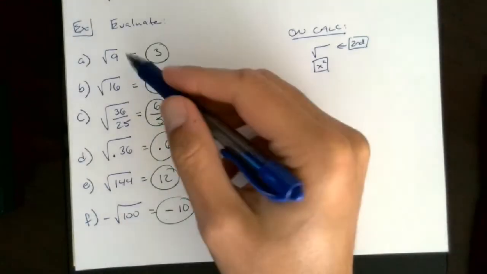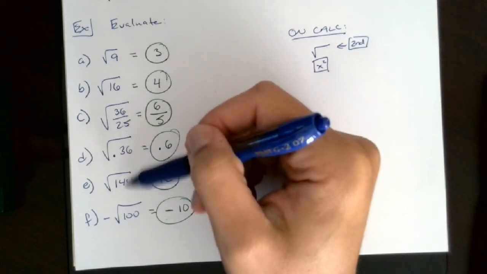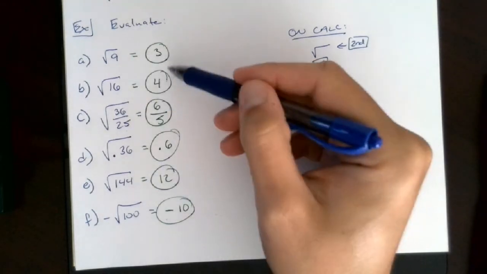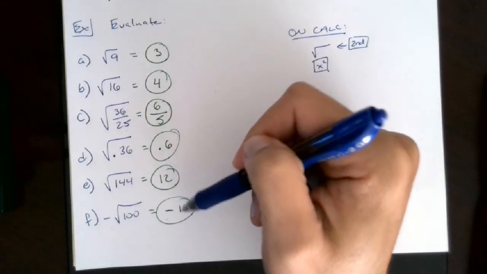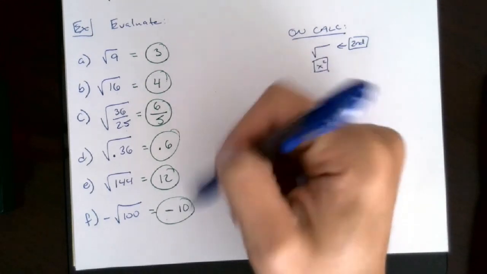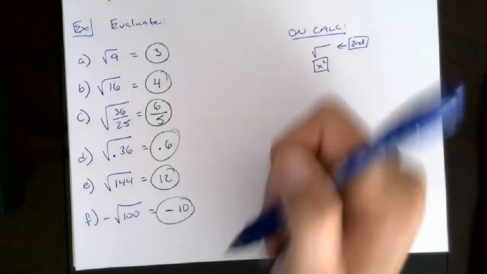Now these all were perfect squares. In other words, when you evaluated them, you've got exact answers that had terminating decimals or that were integer values. They stopped.